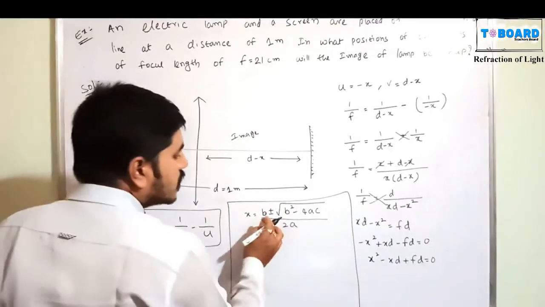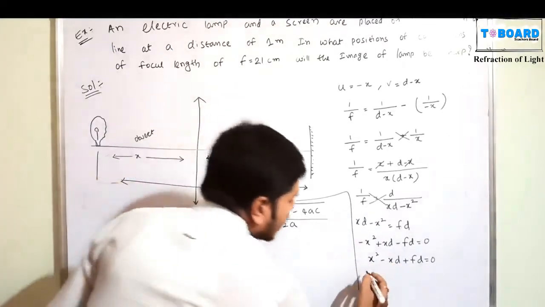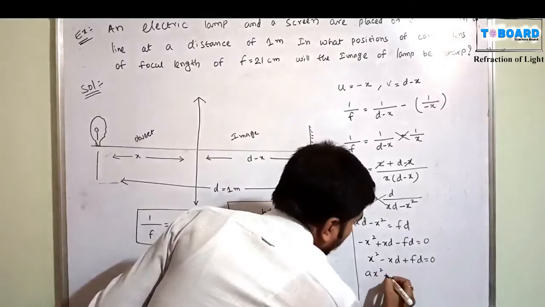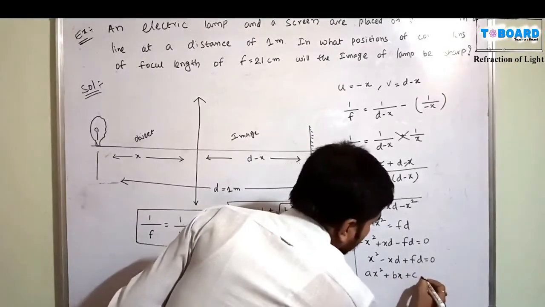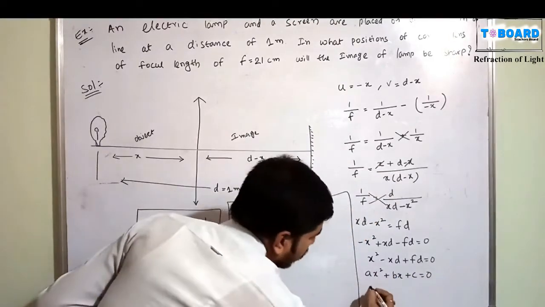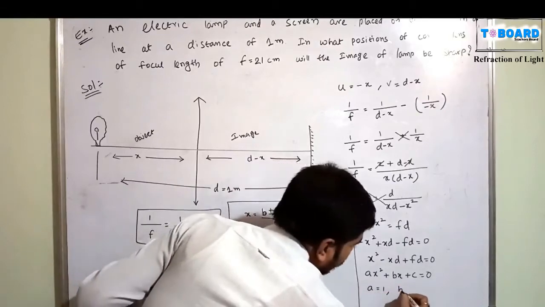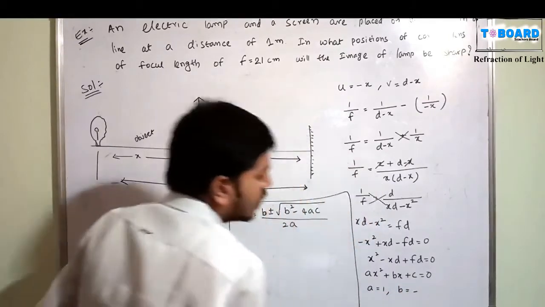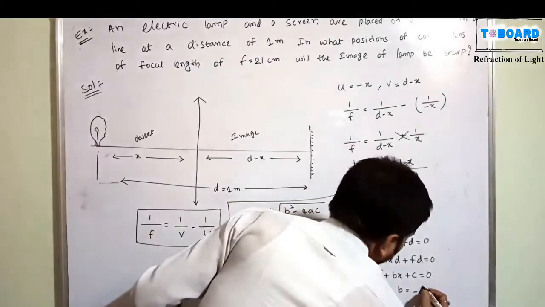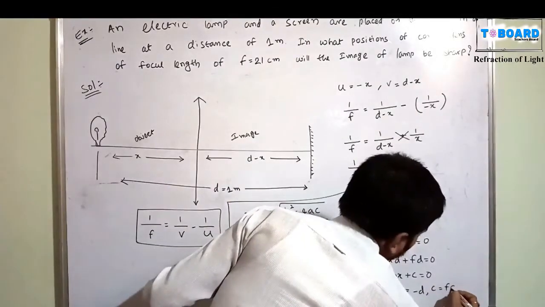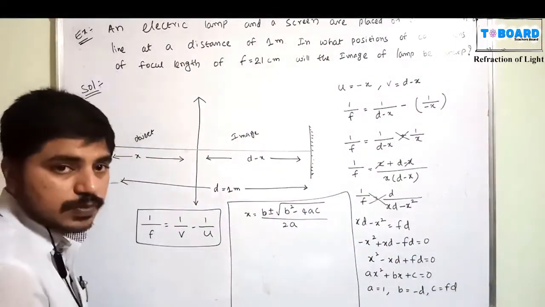So here, what are the values? In ax square plus bx plus c is equal to 0, a is equal to 1, b is equal to minus d, and c is equal to fd. So now I am going to substitute all the values in this equation.